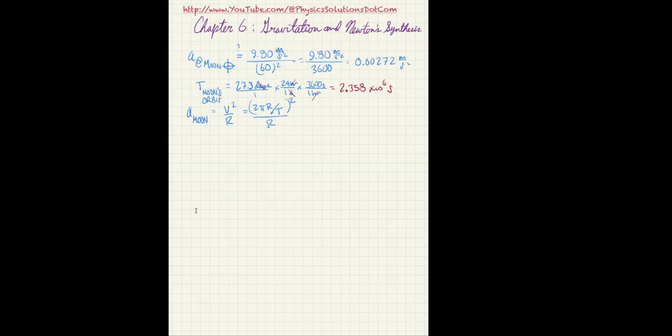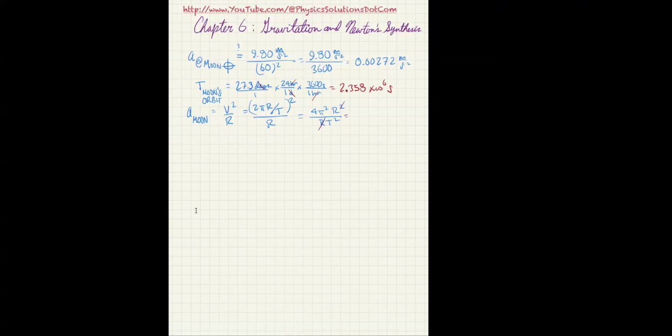Now I can put these values in, and what we see is we're going to get 4 pi squared r squared over r T squared. Obviously, one of these r's is going to cancel out, leaving that one there. And we can use the fact that the moon's orbital radius is 60 Earth radii, and we know what the radius of the Earth is.